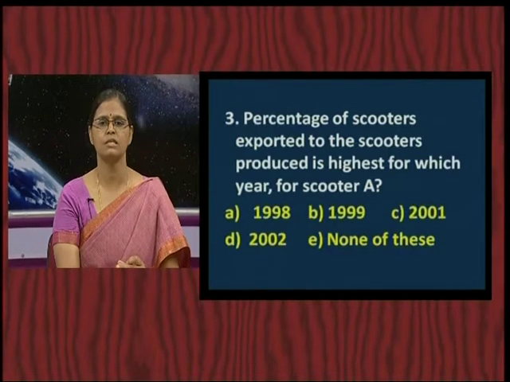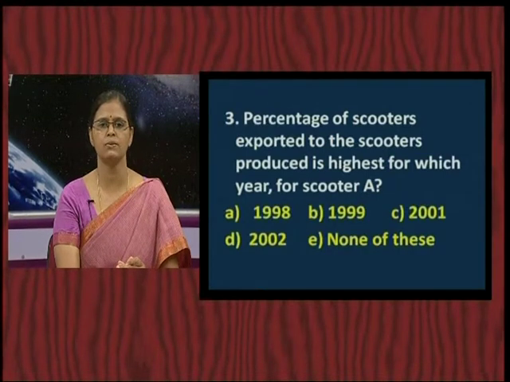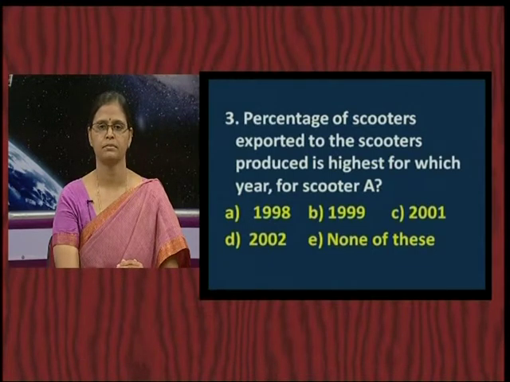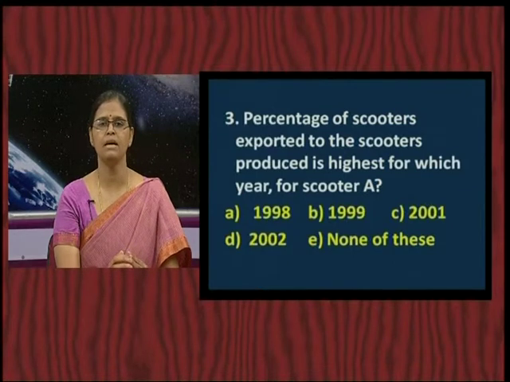So, you compute the ratio exported to produced and multiply it by 100, that gives you the percentage. Calculate it for every type. For type P, you have the column which speaks about exported and the column which speaks about produced.